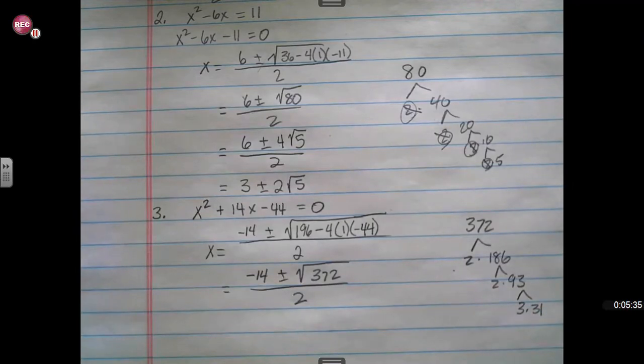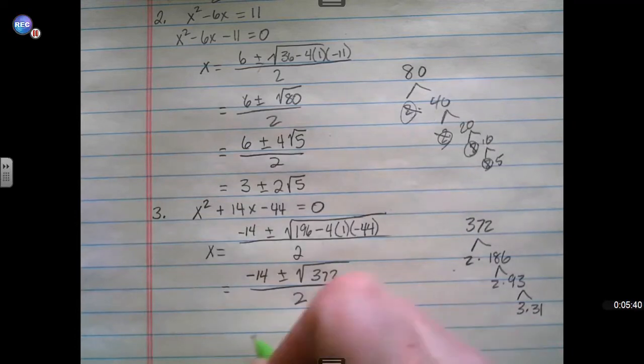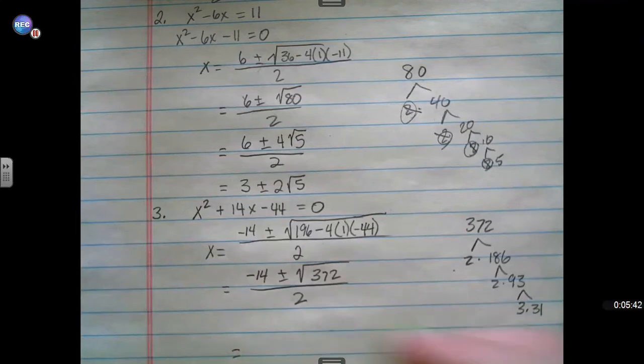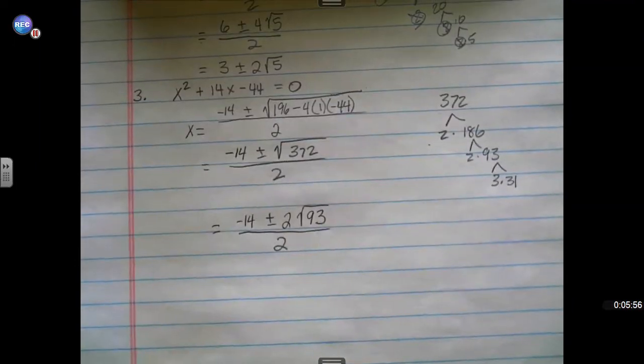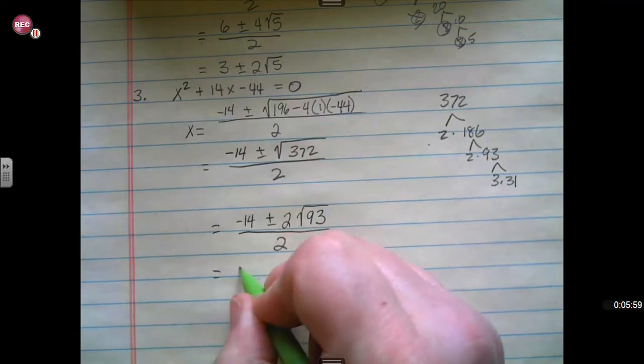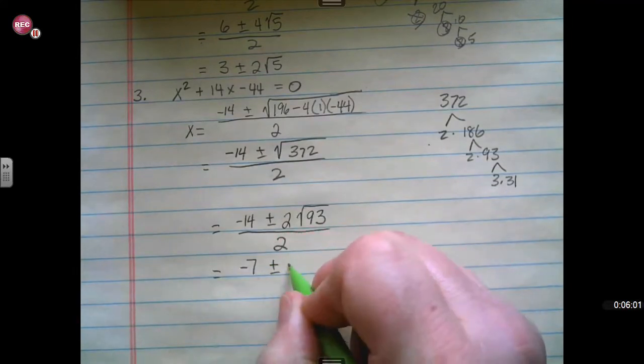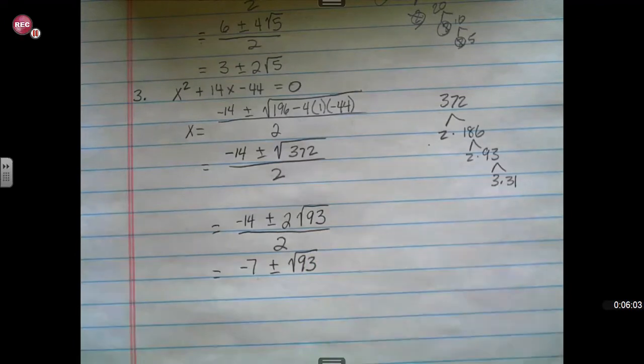So the only thing we can take out is a 2. So I'm going to have negative 14 plus or minus 2 times the square root of 93 all over 2. Again, I can reduce everything by 2. So my final answer: negative 7 plus or minus the square root of 93.